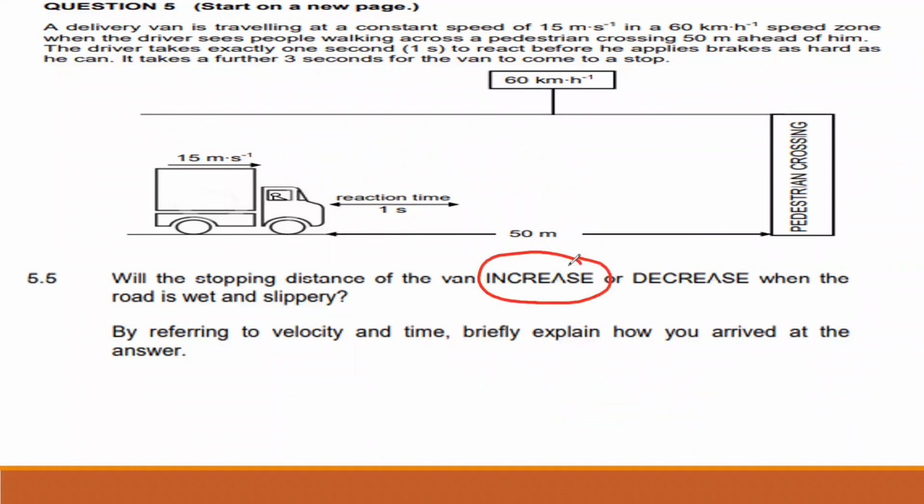This is our answer, increase. Why? Because it's difficult to stop. We can say that for the same change in velocity, stopping time will increase.